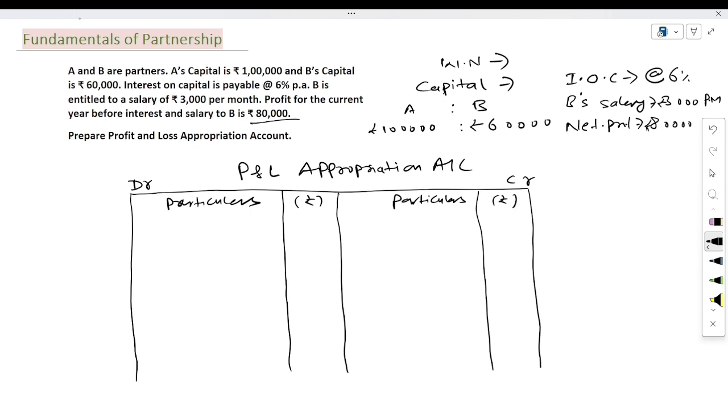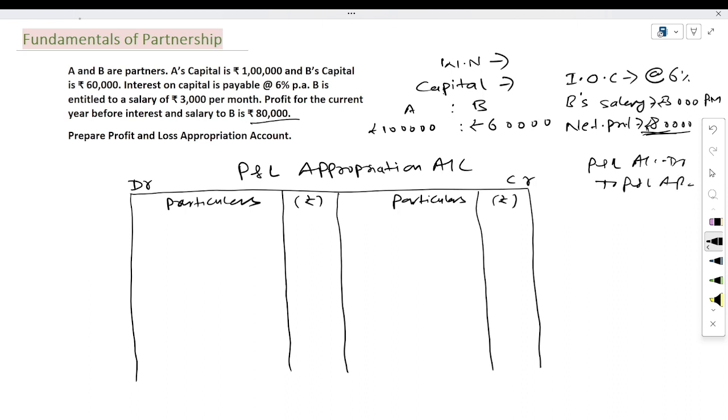Now as we had already discussed, what we will do in the profit and loss appropriation account, first of all we will have to transfer the net profit or net loss. So here net profit is given as 80,000. The journal entry of transferring the net profit into the profit and loss appropriation account: profit and loss account debit to profit and loss appropriation account.